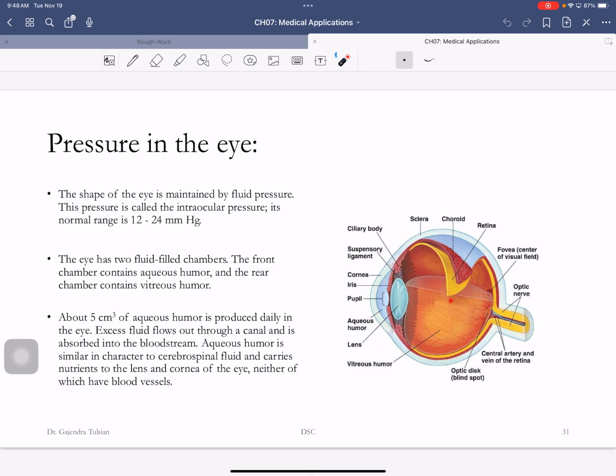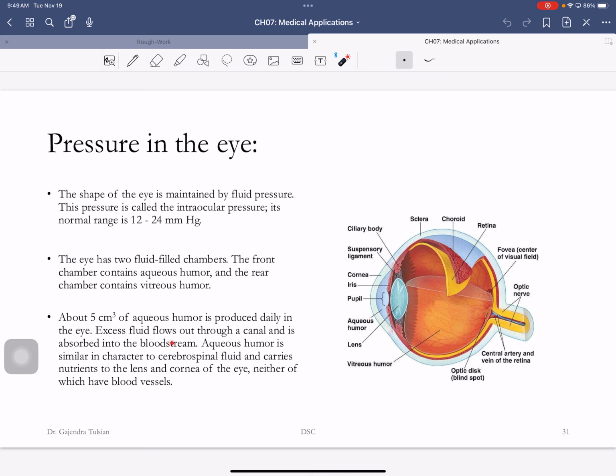The vitreous humor is a jelly-like substance. 5 cc of aqueous humor is produced daily in the eye. The excess fluid flows out through a canal and is absorbed into the bloodstream.